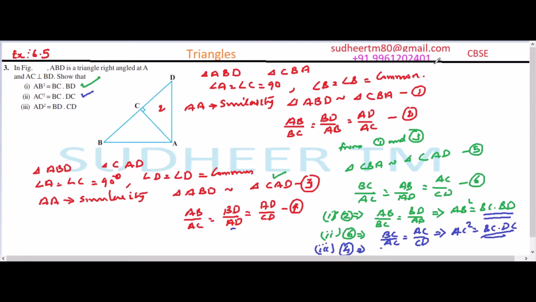BD by AD is equal to AD by CD. On cross multiplication, we get AD square equal to BD into CD. Okay, we proved the third one also.